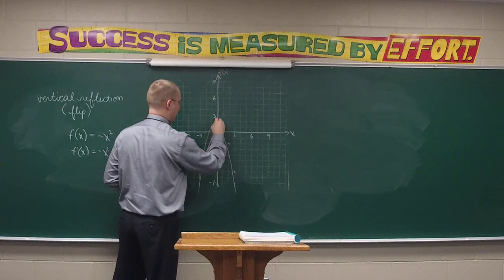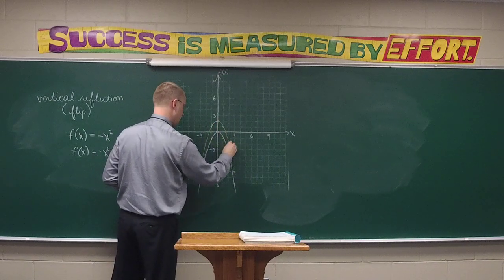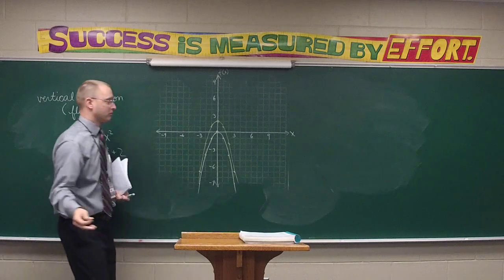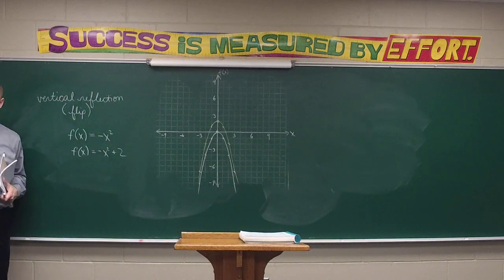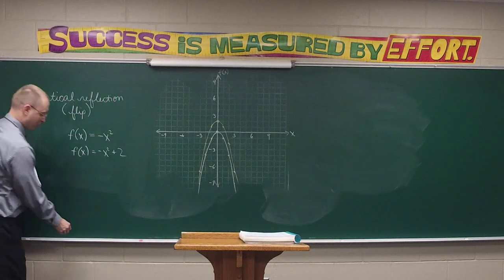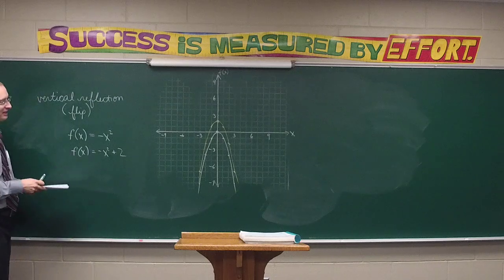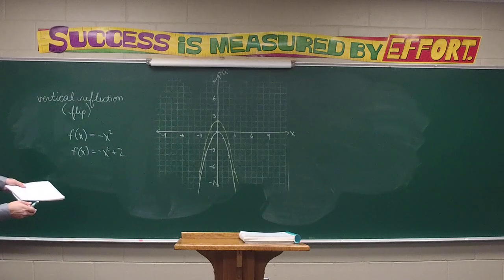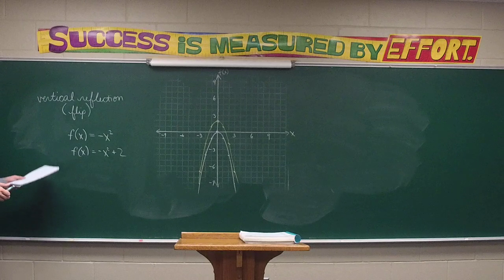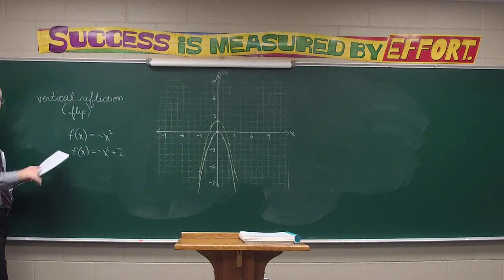It's the same thing. You just shift it up 2. Easy enough? Looks like a whale. A whale. Okay, I kind of see what you're saying. They're the mouth of the whale.